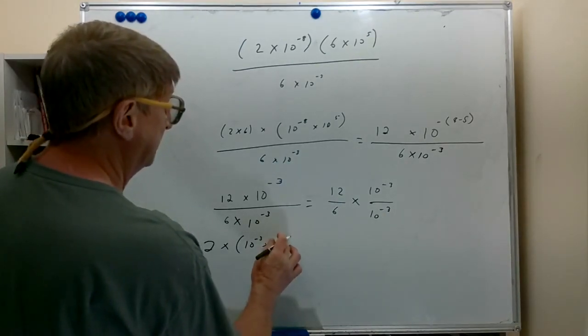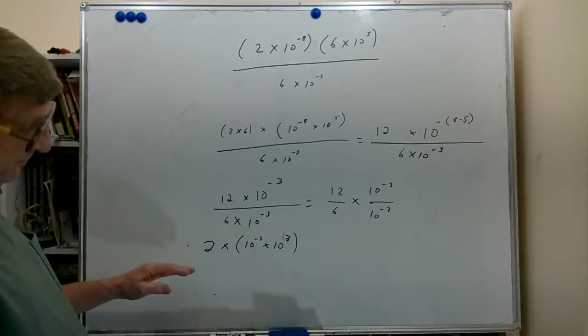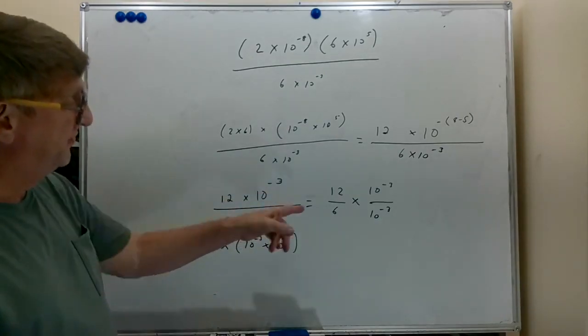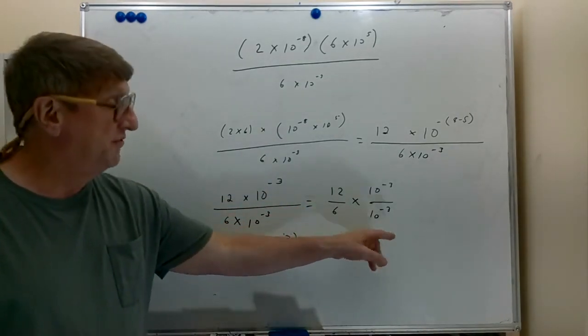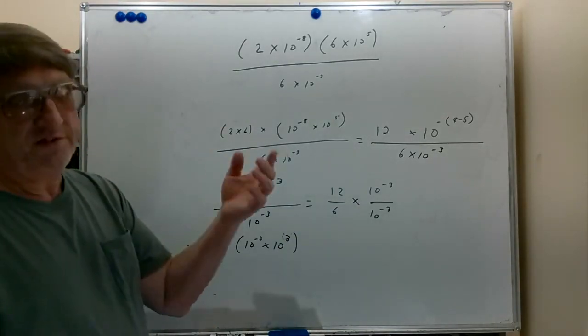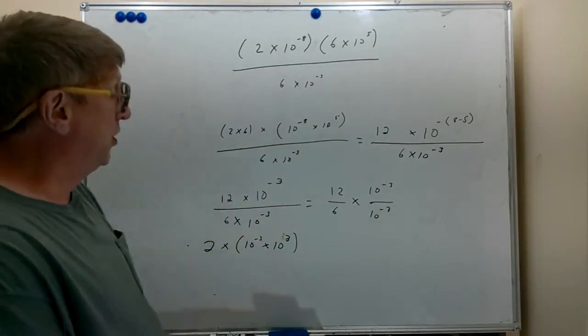Well, we don't need the positive sign, just 3. It's no longer a fraction now because we did the division here and we converted this division, or this fraction, into a multiplication.